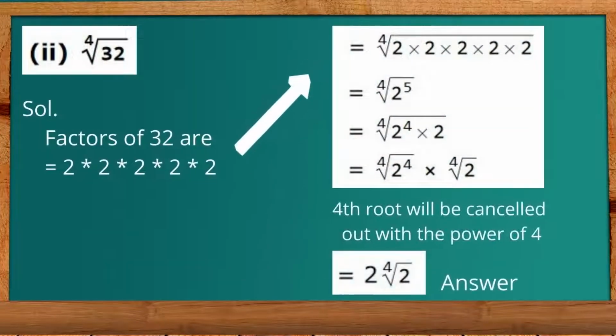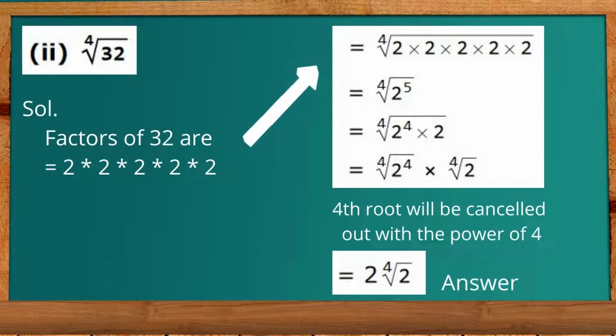Now moving on to the next question. Question number 2 is the fourth root of 32. To simplify this radical expression, first we will take the factors of 32. Factors of 32 are 2 five times. Then we place these factors inside the fourth root in place of 32. To cancel out the fourth root we need a power of 4, but here the power is 5.